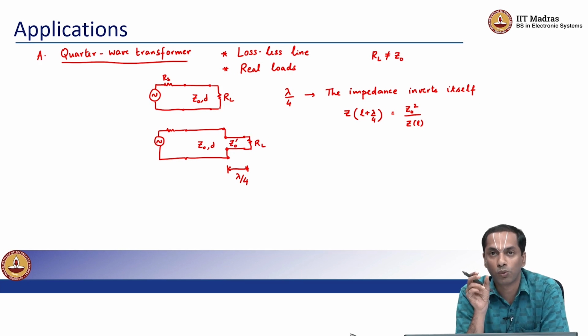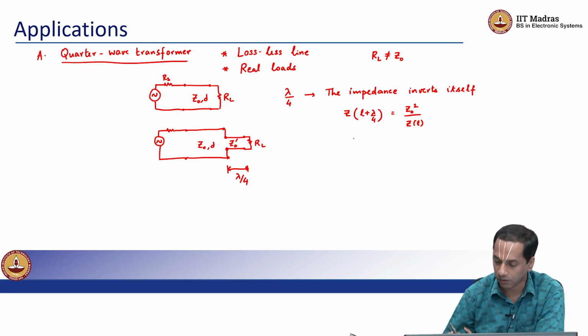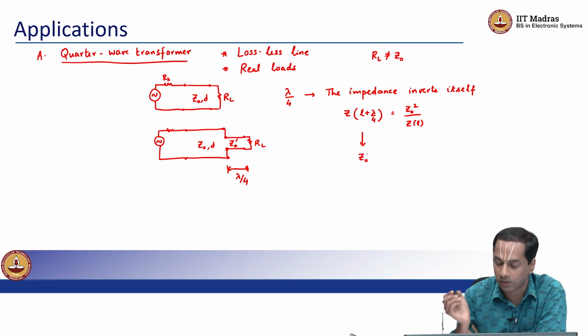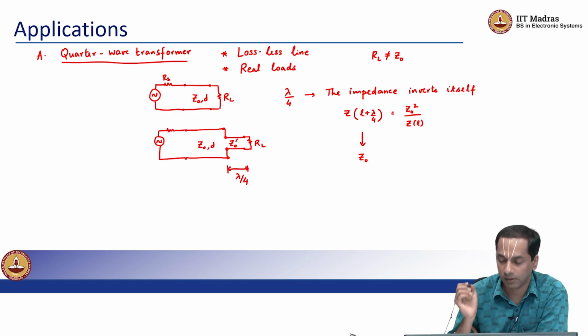So I design a new transmission line that is not Z0, and I would like to transform this load impedance RL to Z0. So I want this transformed impedance to match my original transmission line.